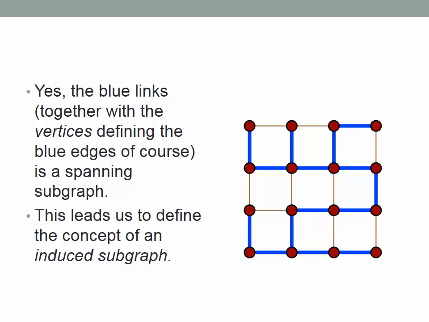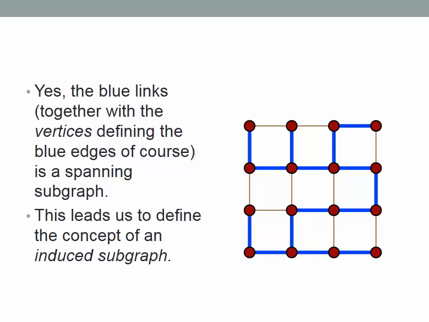Yes, it is, because every node is incident to at least one of the blue links. So if we are looking at the subgraph defined by the blue links, then we would also have to include every node. That makes it a spanning subgraph.